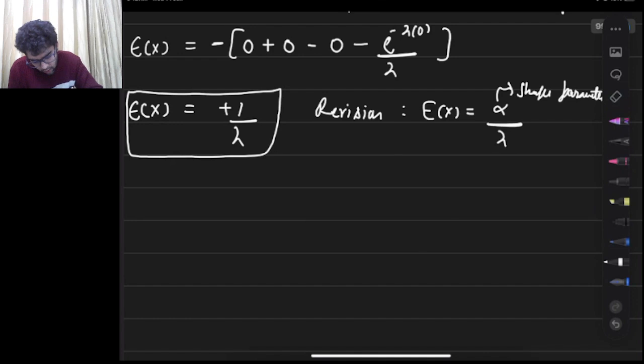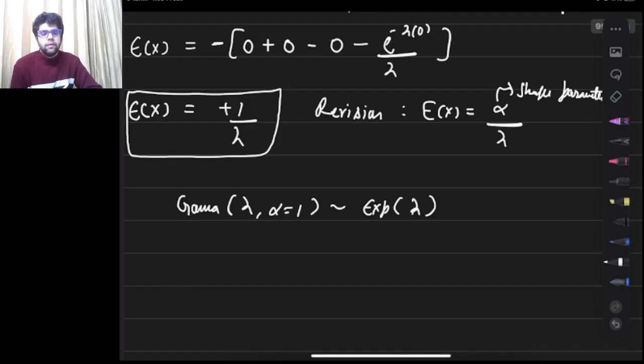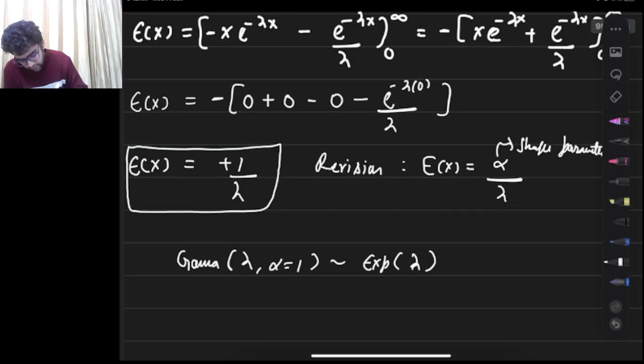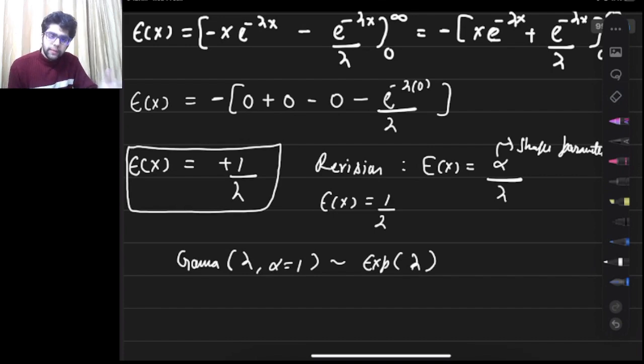So now we can say that for the gamma distribution with lambda, which is the rate parameter, and alpha, which is the shape parameter, whenever alpha becomes 1, we say that this becomes exponential distribution. You can see that whenever alpha is equal to 1, we get 1 upon lambda, which is the mean of the exponential distribution. So basically, exponential distribution is gamma distribution only with the shape parameter as 1 and the rate parameter as lambda.